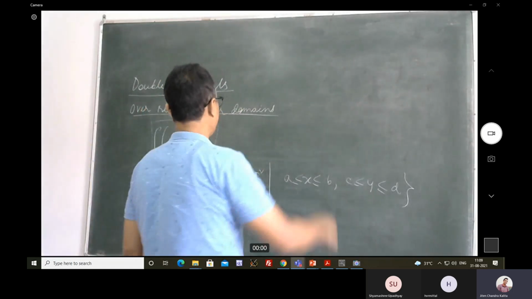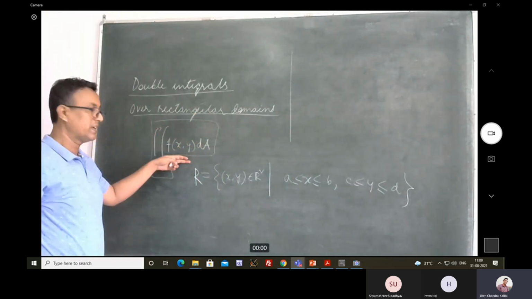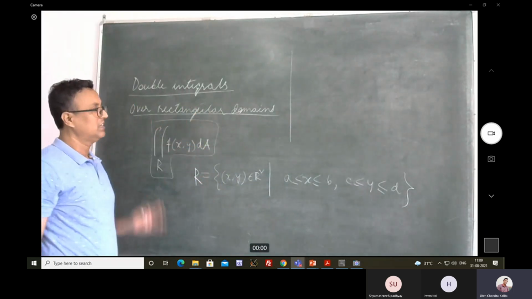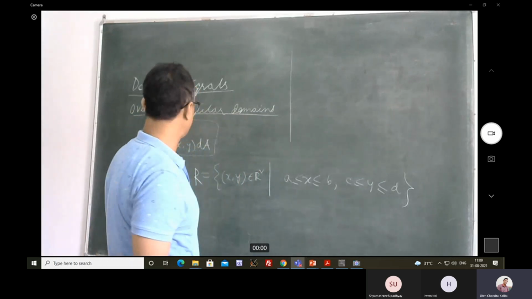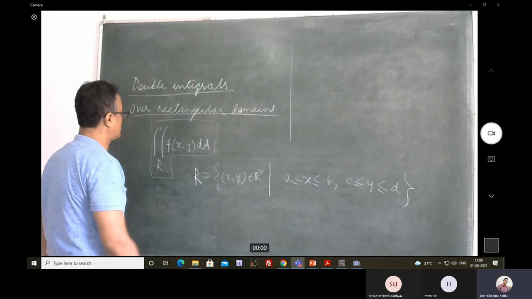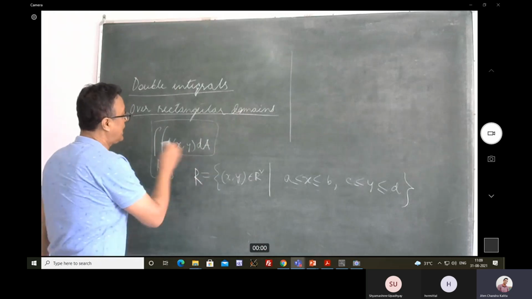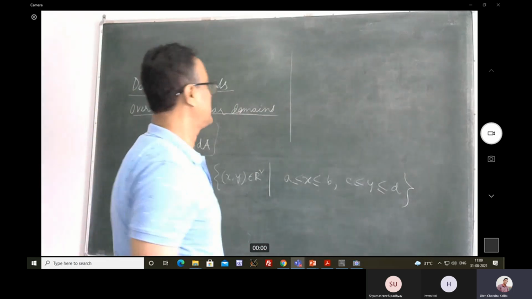And there are certain properties involved with a double integral over a rectangle R. I'll tell you about that quickly, because when I talk about a double integral over an arbitrary domain D, the same is going to be valid there.